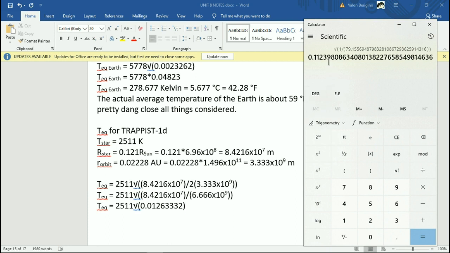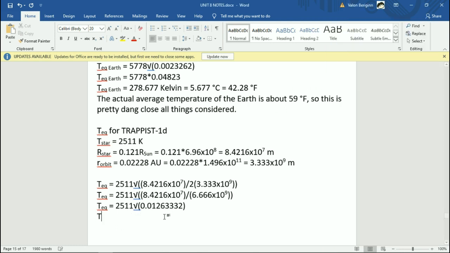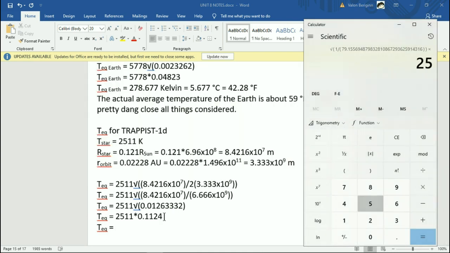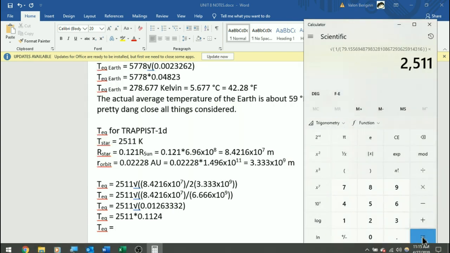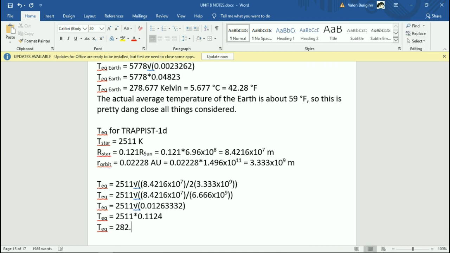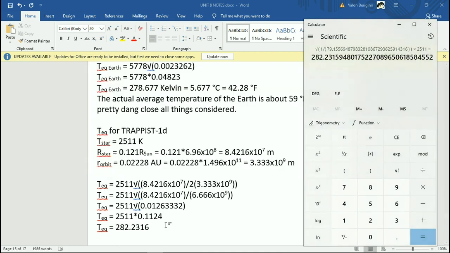I'll do 0.1124 in this case because it's not so bad. Times 2511, and I get 282.2316.